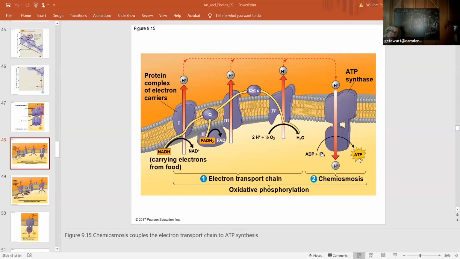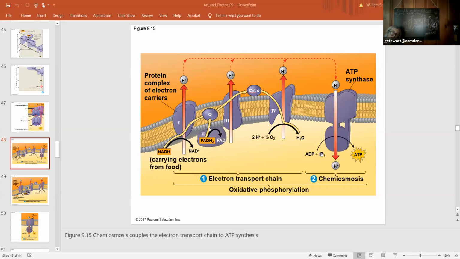Now, our friend FADH2, also produced in the citric acid cycle, can come to the electron transport chain and drop off electrons and a proton, and the proton can be pumped. But see how FADH2 is coming to this second group of proteins here, not the first group?